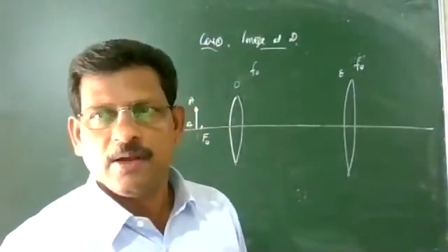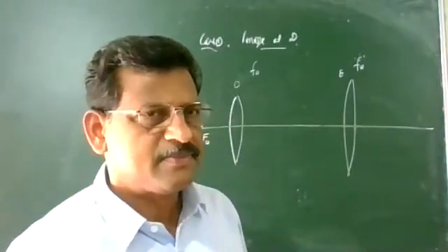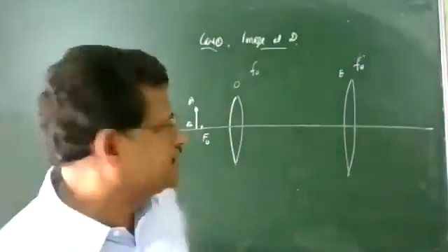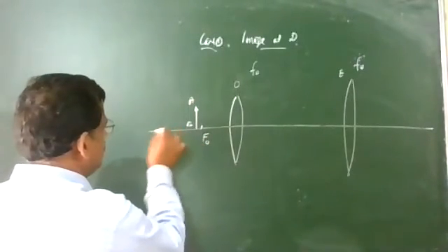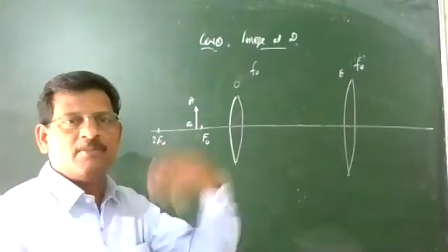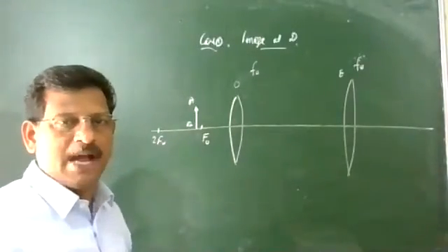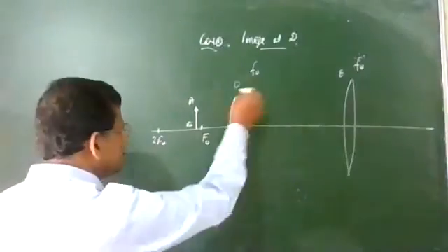Beyond 2f. Okay, the object is between F0 and 2F0, so mark 2F0 here. The image will be real, inverted, and magnified, formed beyond 2F0.